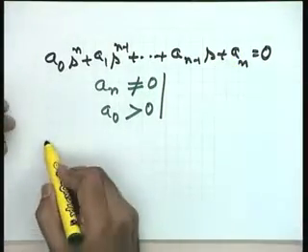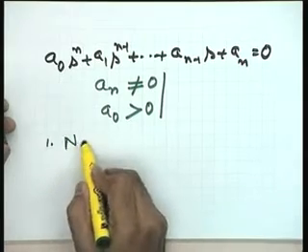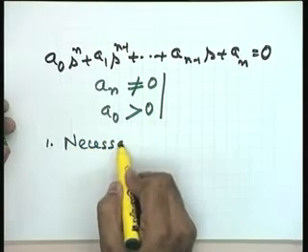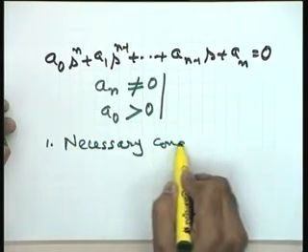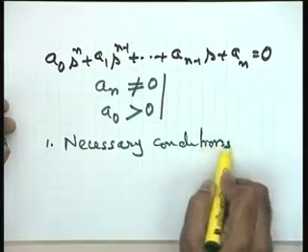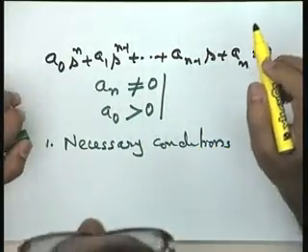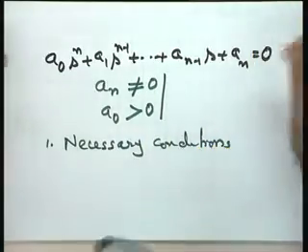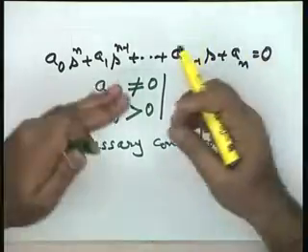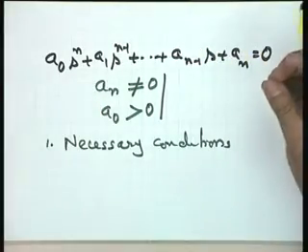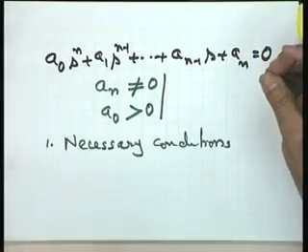Okay. Now, before I take up the criterion, please note that there are necessary conditions which this particular characteristic equation must satisfy for stability. Very simple proof, you see. You could even take some examples and satisfy yourself. I am avoiding the proof to save time.